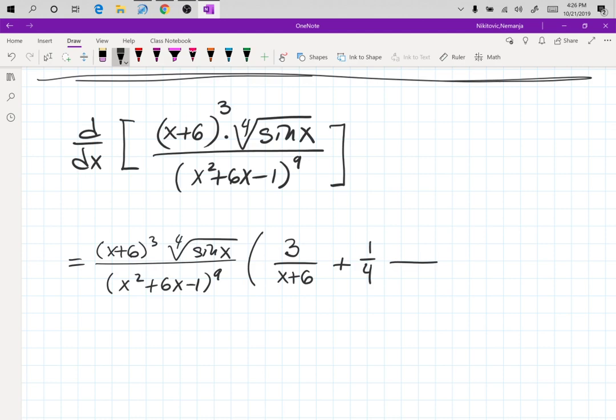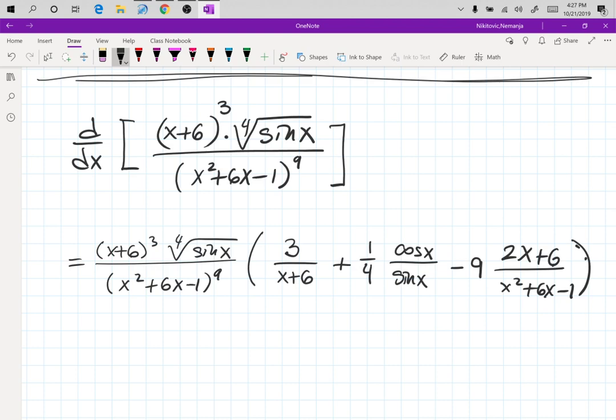I will have sine x in the denominator. The derivative of sine x is cosine x in the numerator. Then the next term is in the denominator, so minus, and then I have a 9 because that's the exponent, so minus 9, and then I have this long polynomial x squared plus 6x minus 1. Here its derivative, 2x plus 6, goes on top. That's it.